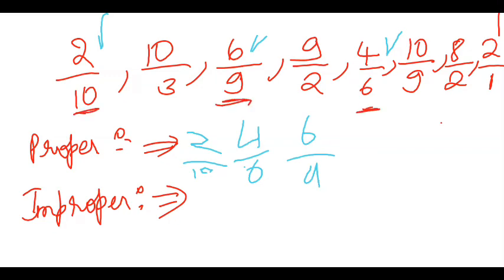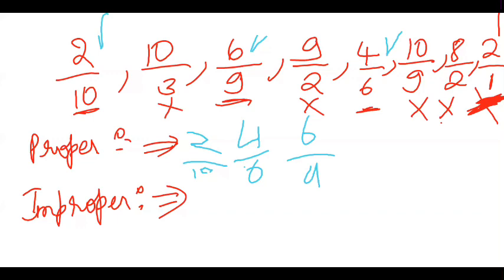What more, beta? There is one more. Is it this one? 2/1? No. It is not, right? Correct. Very good, mashallah. This is also not. This is also not.